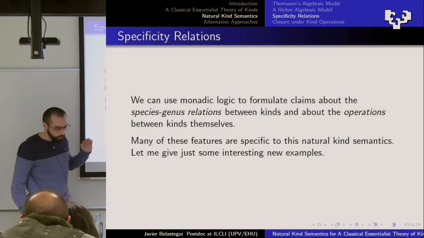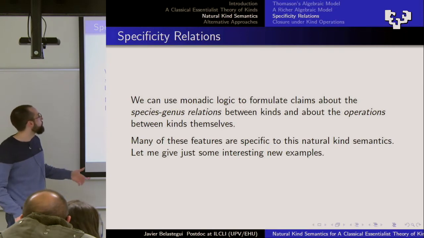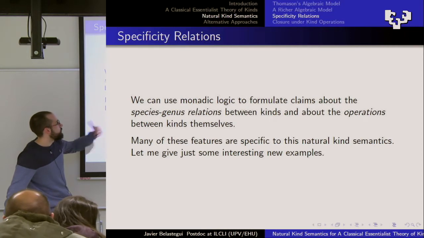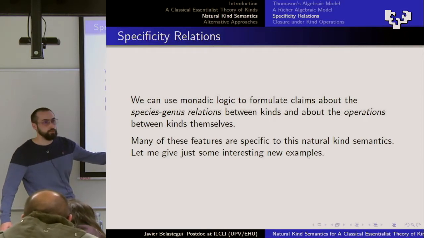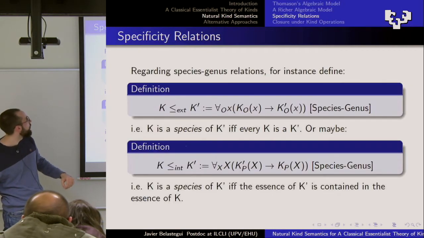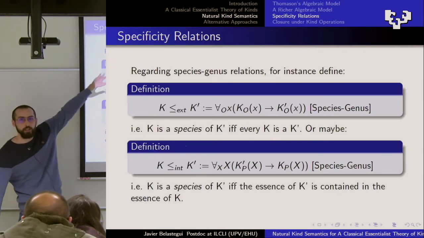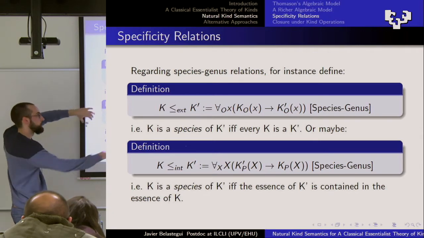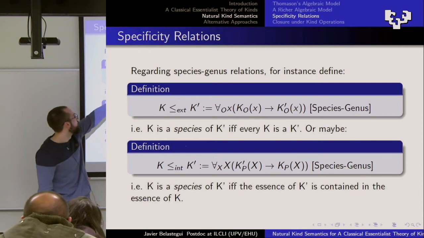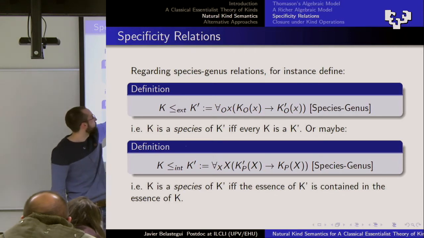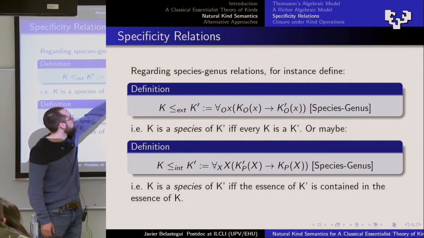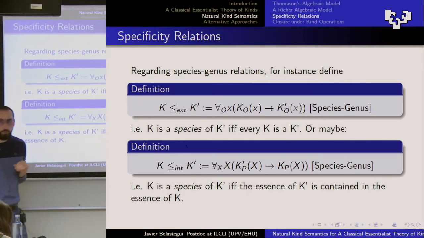Right, so there are two nice things you can do with this. First, talk about the specificity relations between kinds, and talk about operations between kinds, which is what I was mentioning before. Here we are just on the logic side now, not so much in the semantics. So we can define, for instance, K is a species of K prime if and only if for every object, if the object belongs to K, then it belongs to K prime.